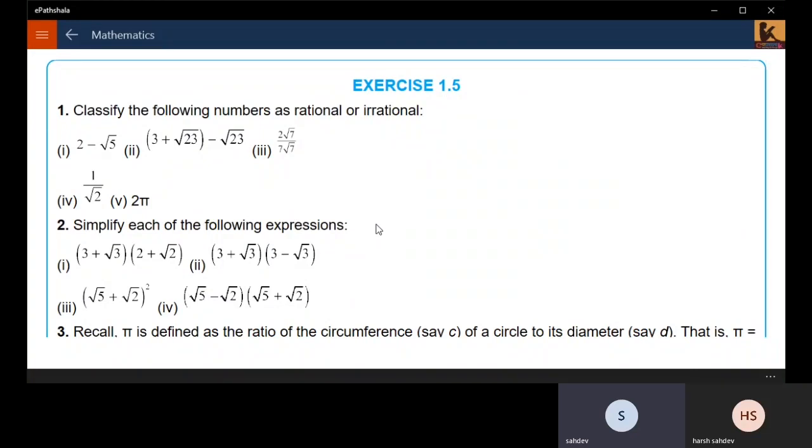Let's say, what is question number 1? Question number 1 is 2 minus under root 5. Let's read the question first. Exercise 1.5. Classify the following numbers as rational or irrational.